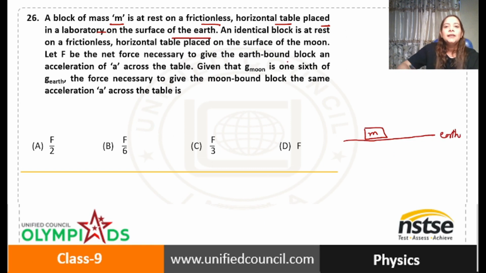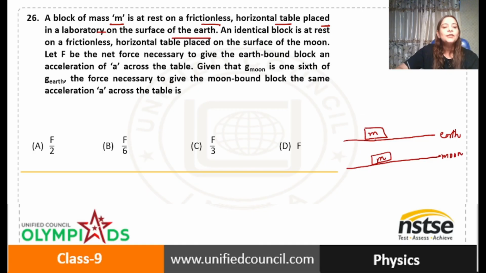An identical block, same in everything, is at rest on a frictionless horizontal table, and it is placed on the surface of the moon.